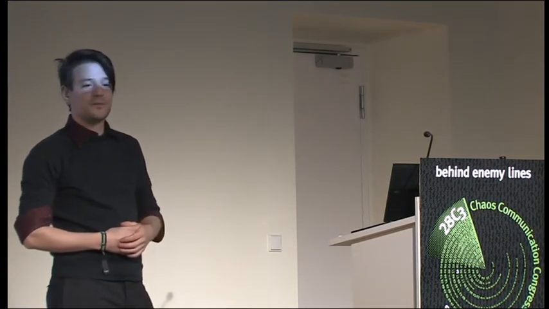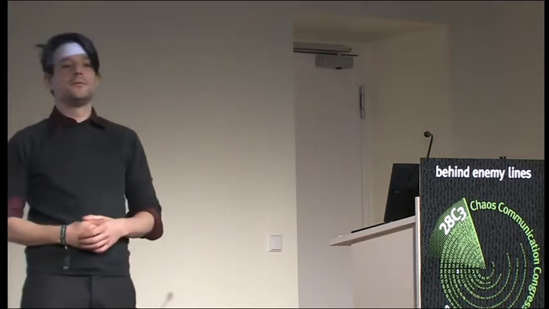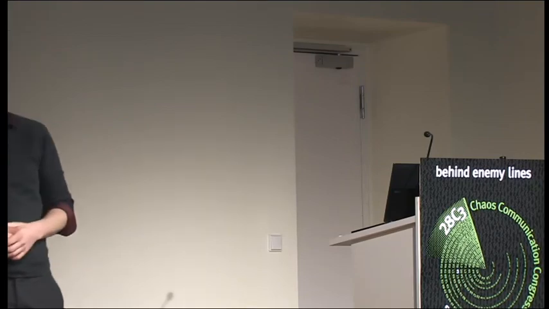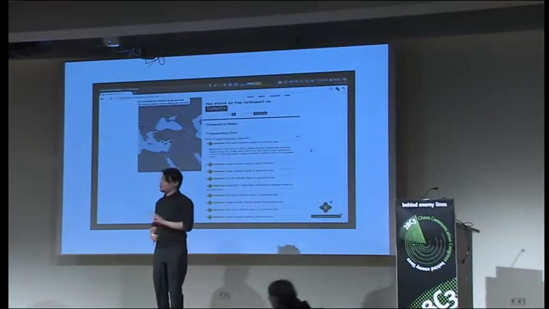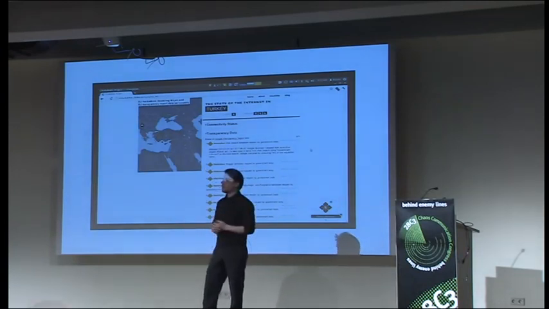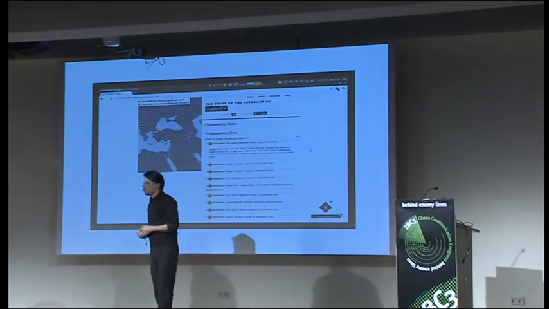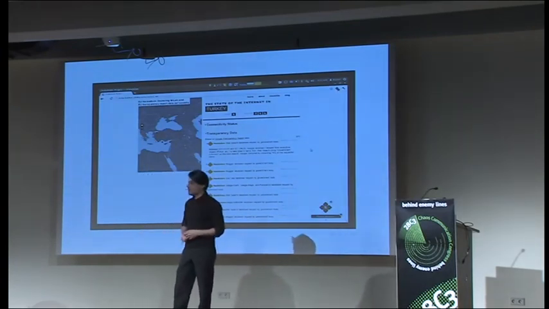Any more questions? For the connectivity status, do you intend to run servers in many countries, or is there another data source? No. For the connectivity status, what we're interested in is whether people can reach the systems that they want to reach. That is information that already exists because those systems have that information.